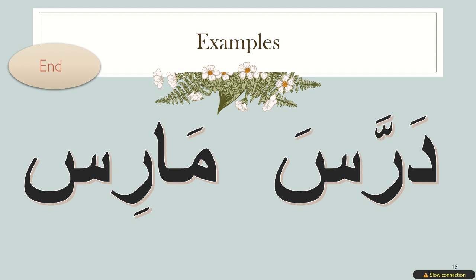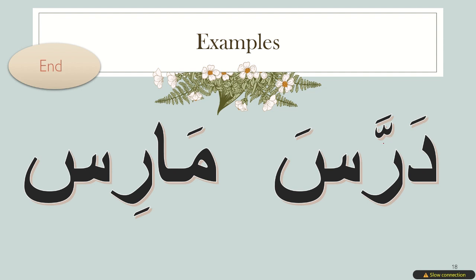Okay, let's see Sin in the end. Here we have a letter not connected to the letter after it, and it has Fatha. This is Dal. With Fatha it's Da, and this curved letter is Ra.